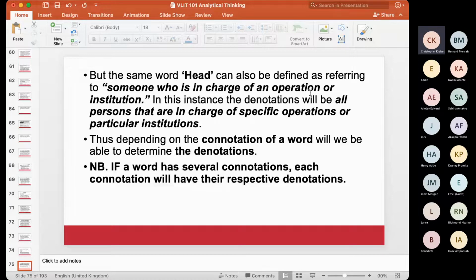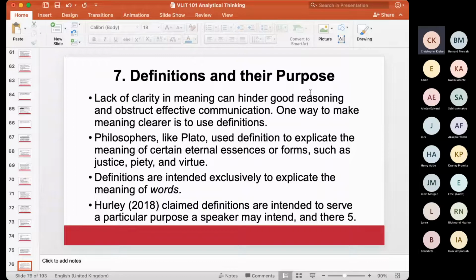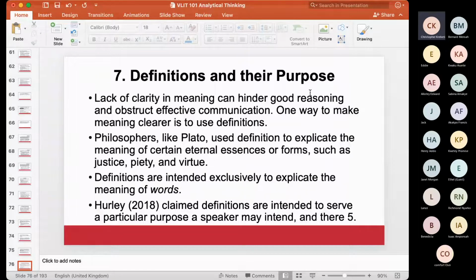Okay, so this brings us to the purpose of definition. Why do we have to make definitions? As I have declared to you earlier, from what Govia says, studying the meaning of words is linked to logic. So if you want to do an evaluative assessment, or a credible assessment of an argument, then you need to observe the meaning.